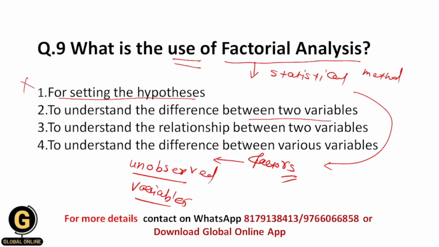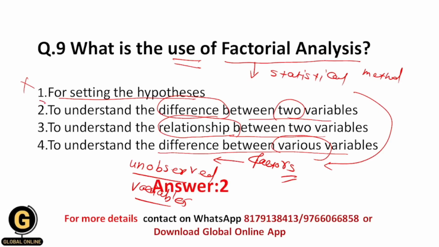Here relationship, here various, and here two and difference. Obviously the correct answer to this question is 2, because here we are assessing the difference between two variables in terms of factors, and these factors are unobserved variables. So the correct answer is 2.